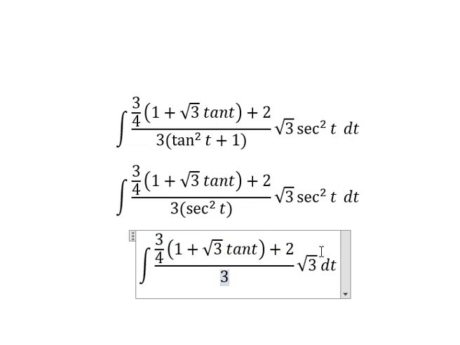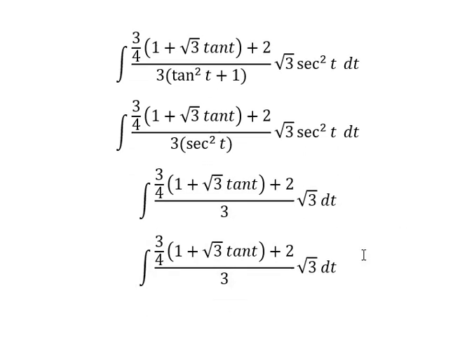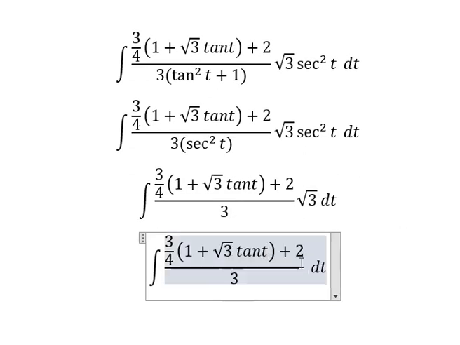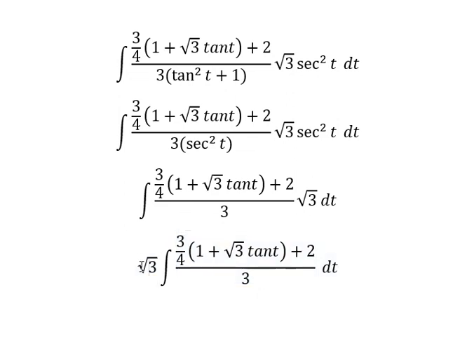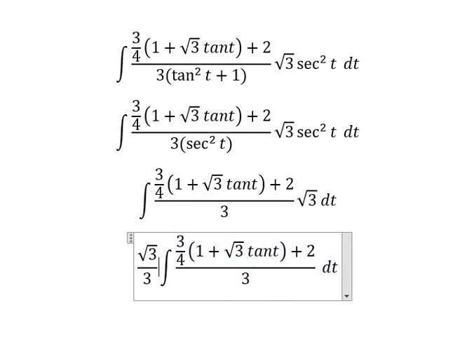Now we have the square root of number 3 over 3. We put outside. So you will get like this.